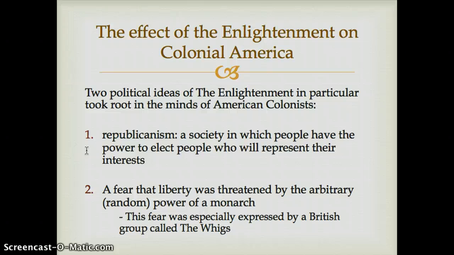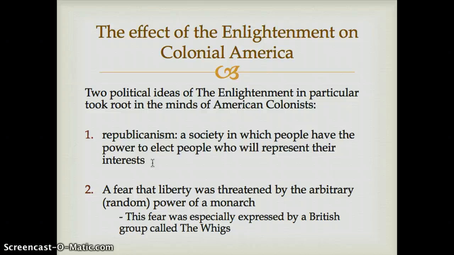And the basic idea of a republic government is that this is a society in which people have the power to elect other people to represent their interests. So rather than just a king, a monarch, having absolute control over the people they govern, the people can elect representatives that will then govern and serve their interests.